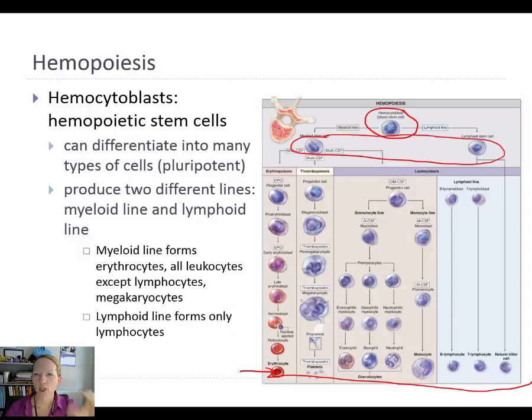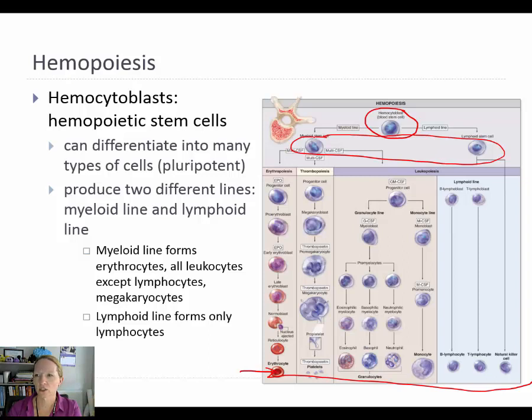So the hemocytoblast is going to be the hemopoietic stem cell. This is going to be that wonderful pluripotent stem cell. Pluripotent means that it can give rise to erythrocytes, or it can give rise to lymphocytes or platelets or eosinophils and things like that. So this is going to differentiate, and it's going to give rise to two different stem cells.